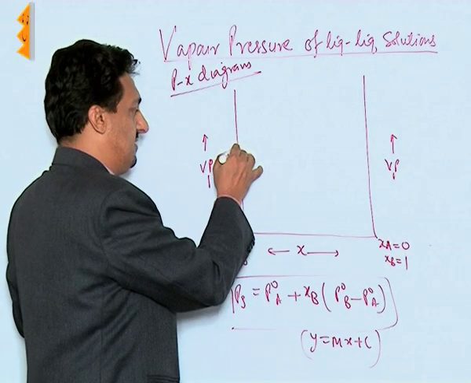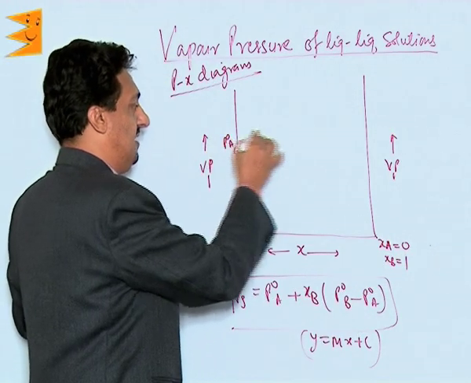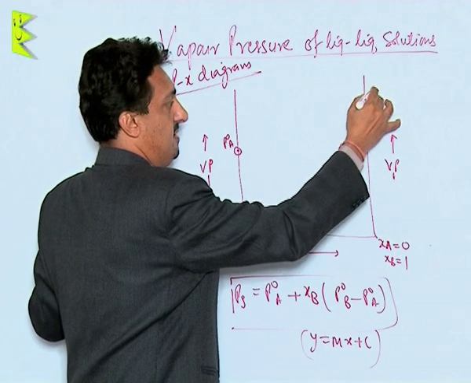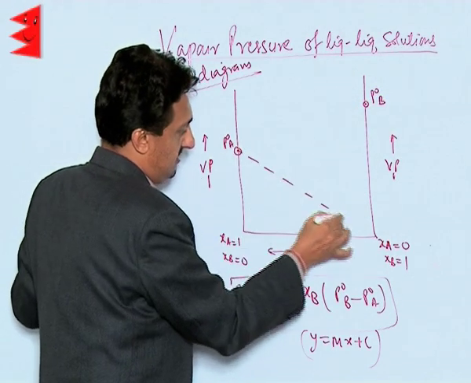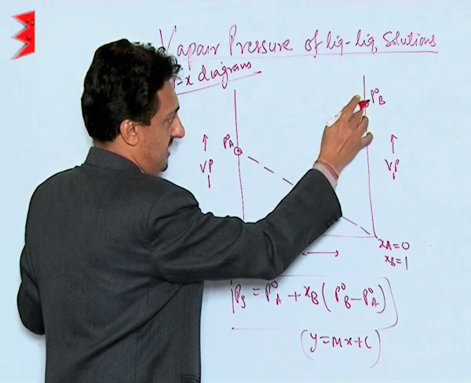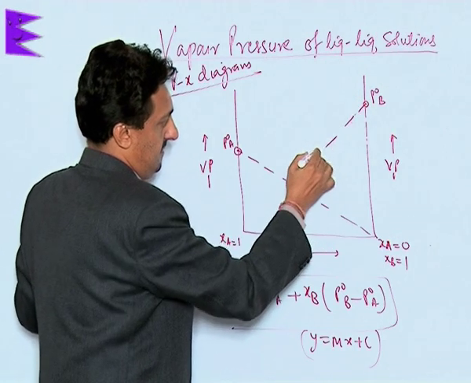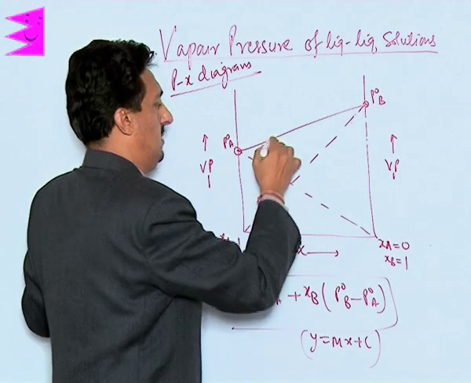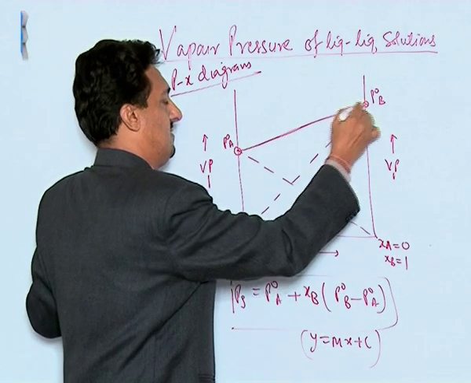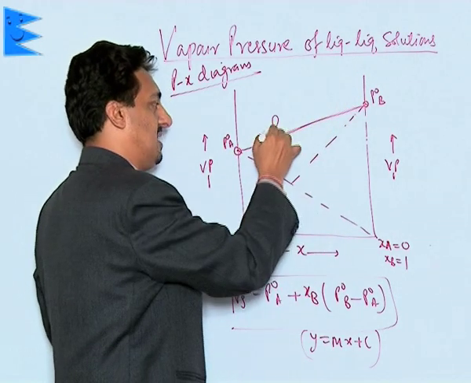This is what is called P naught A, this is P naught B, and this is how the graph comes out at the end. It's a straight line. Now this graph is for the PS.